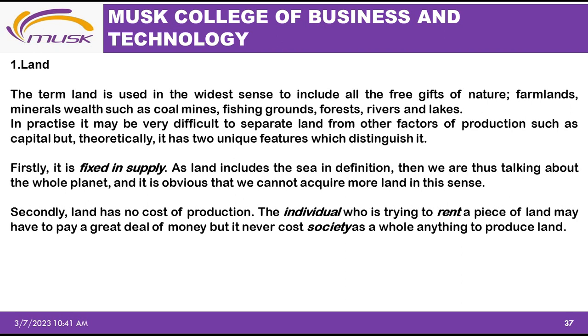That's why you hear people that own pieces of land are required to pay rates to the national government or to county governments. When you put up buildings on this land, you also enjoy what we call rent.